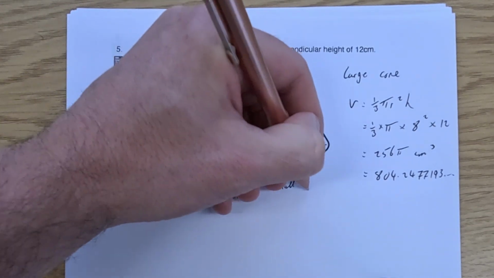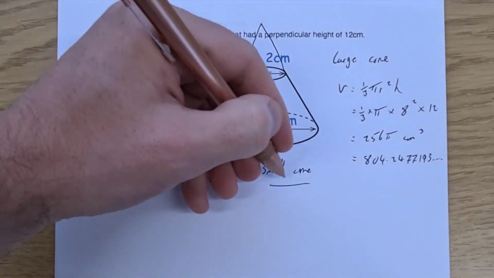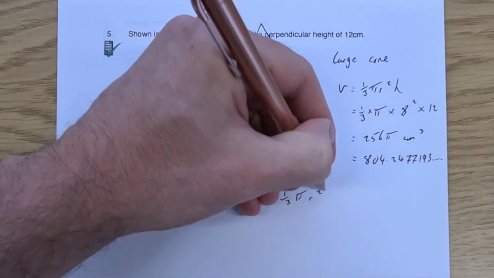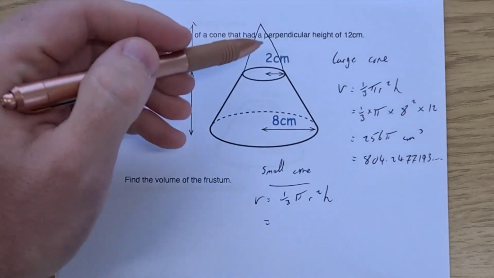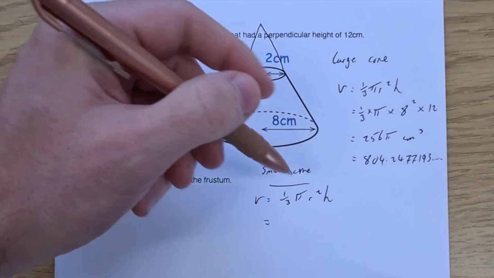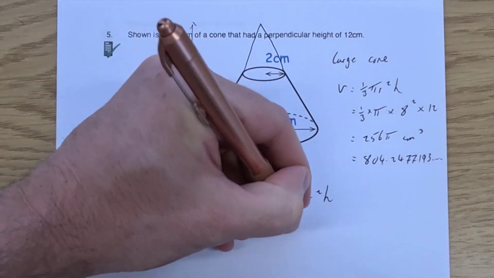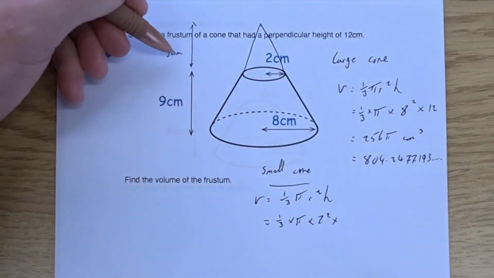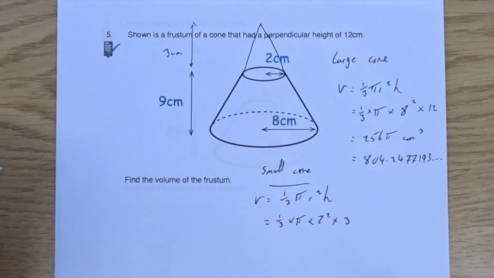For the small cone, again, the volume is going to be equal to a third multiplied by pi r squared h. The radius of the base of the small cone is 2 centimeters, so that's going to be a third multiplied by pi multiplied by 2 squared multiplied by the height of the small cone, which is 3. And when we work that out, we'll find the volume of the small cone.